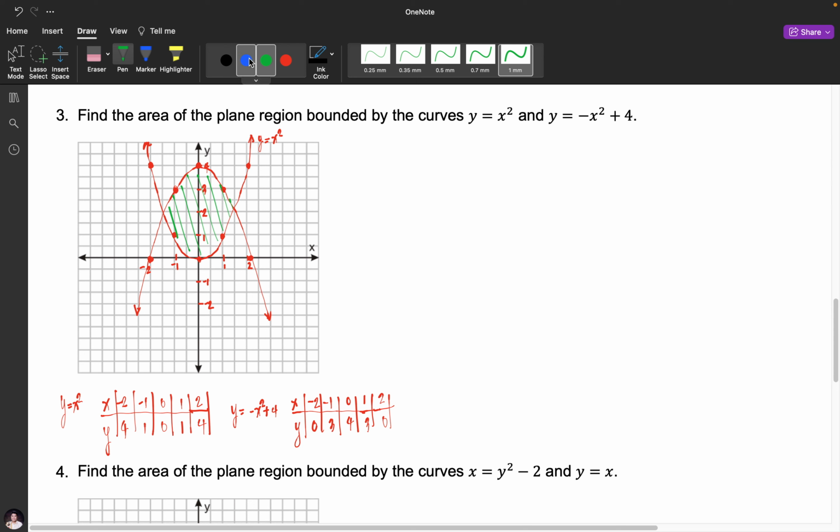So this is our region R. Okay. So we have now our region. The upper function is clear, that is the curve y equal to negative x squared plus 4. The lower function or the lower curve is yung nasa baba, which is y equal to x squared.